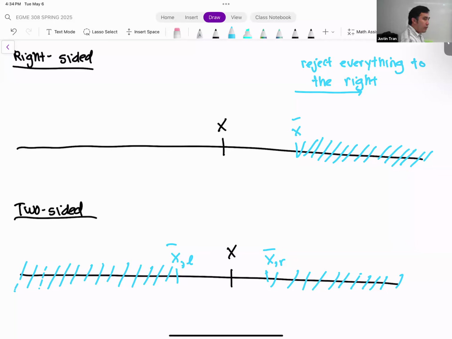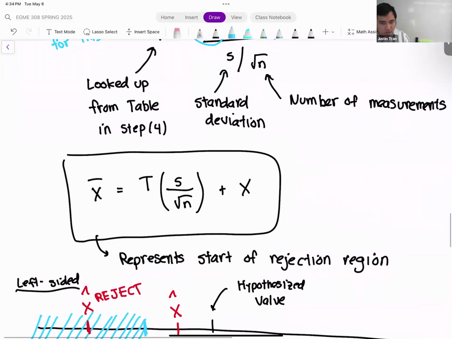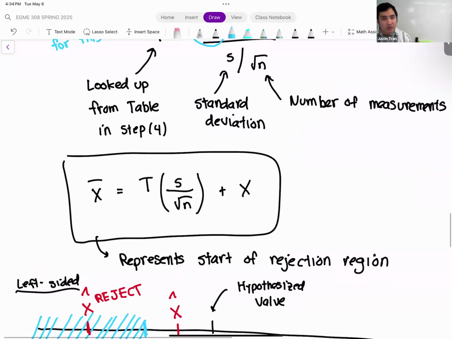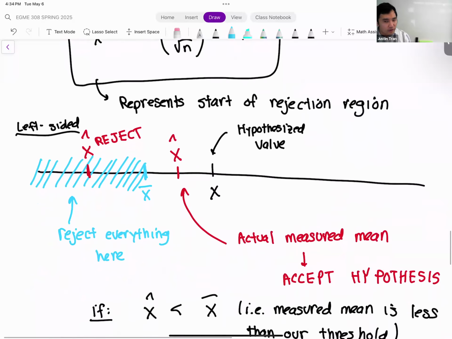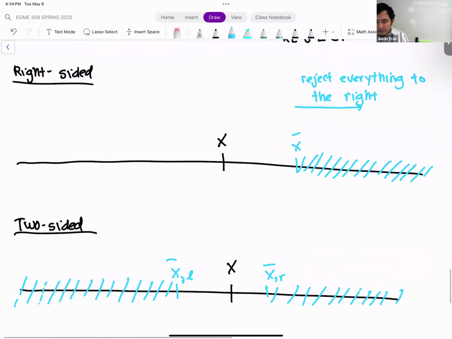This way of doing this is a slight difference from how we learned it last week, where I had you compute the sample mean beforehand. In this method, I'm just going to have you compute the value of x, the threshold, first, and then if you have the sample mean, you can see where it lies on this number line. I hope this unifies both of the examples that we did last week, because I know they were slightly different in approach, and it's kind of confusing.